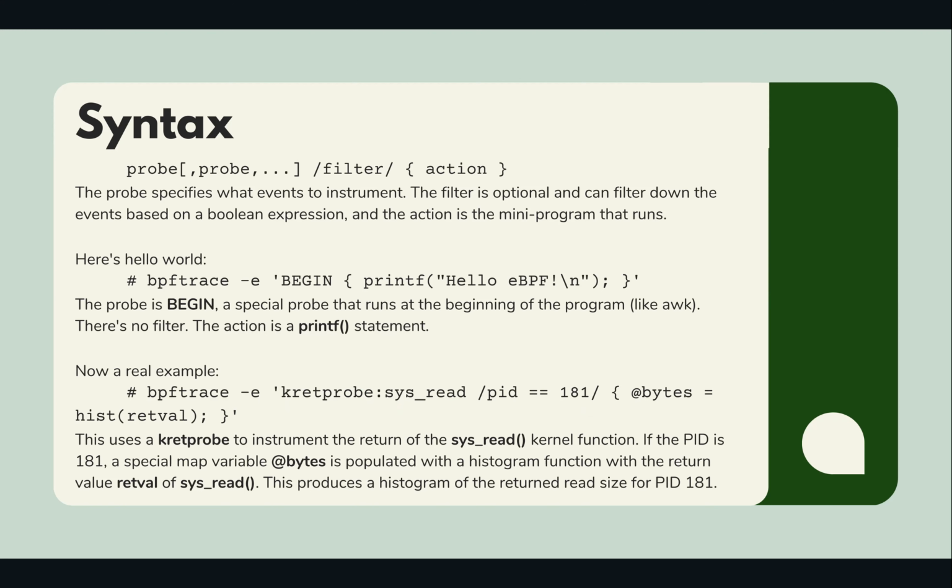Let's say the kretprobe is attached to the sys_read function, and there's a histogram called bytes. When the probe is hit, like when the sys_read function is called by this particular process, the bytes will be recorded in this histogram. So this script allows you to track the number of bytes read by the sys_read function for each call and create a histogram for the values.